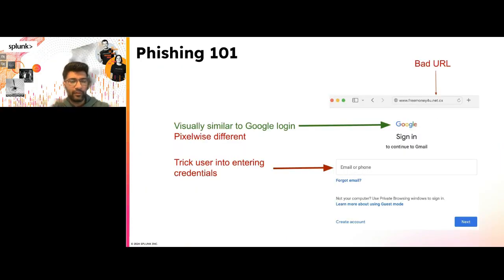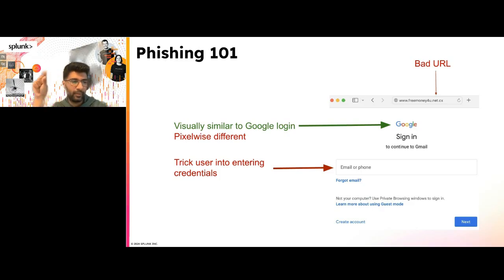Now we have a good understanding of autoencoders, but before we go into the use case of how we solve phishing, let's go over the problem of phishing. The screenshot on the right-hand side shows a login screen which resembles the Google login screen. It is visually similar to Google login, but pixel-wise, it is different.